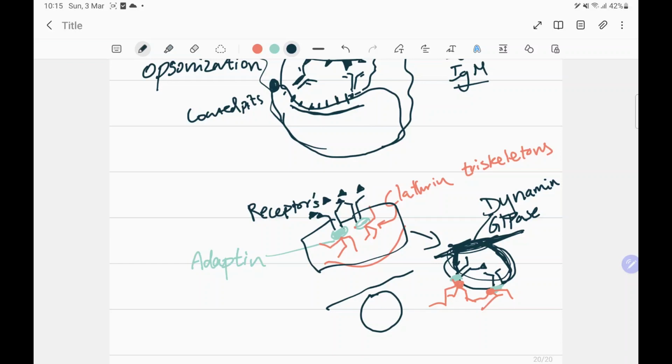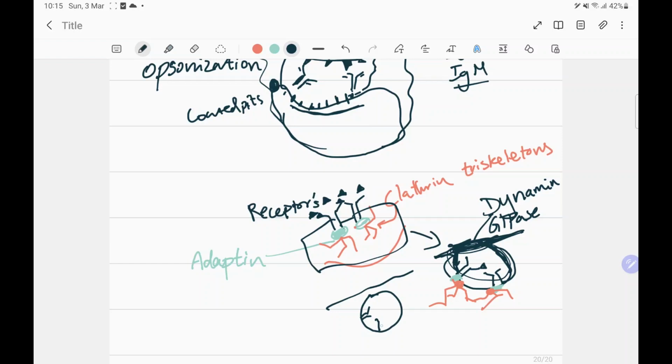And finally the dynamin comes and it separates the little vesicle. It just nips it like that, like when you're making mozzarella balls or certain other dishes, where you take a little bit of cheese in your hands and you just plop it off like that. If you're making a certain shape, or even certain doughs in a bakery, you could associate with that. So now we have the receptors that have been internalized over here.